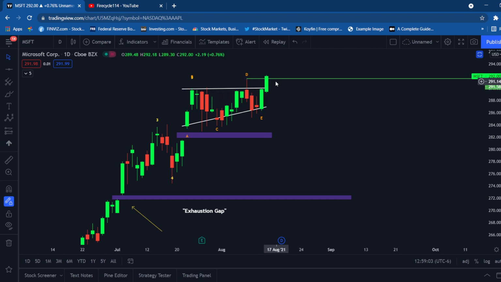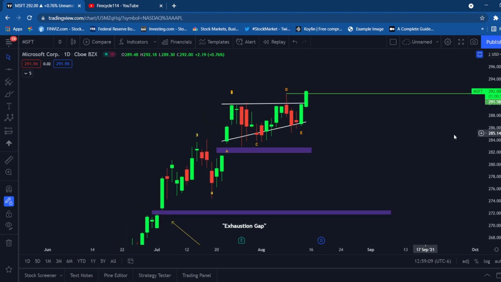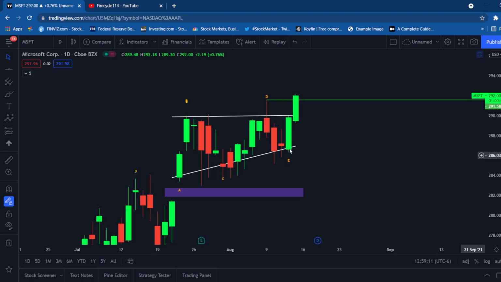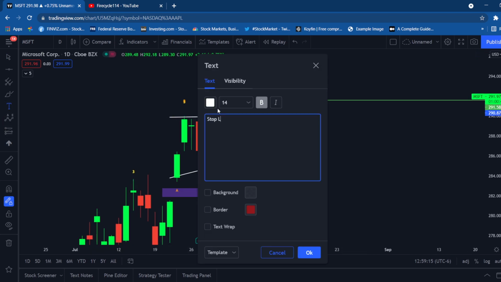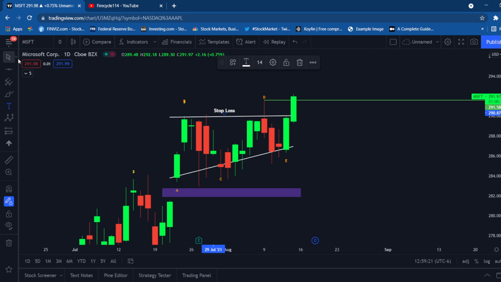The third time is kind of like the charm. So we enter around the open right at this breakout, and once it does break out, we want to put our stop loss right at the support, because whenever we break a resistance, the resistance becomes a support. So this was our stop loss.